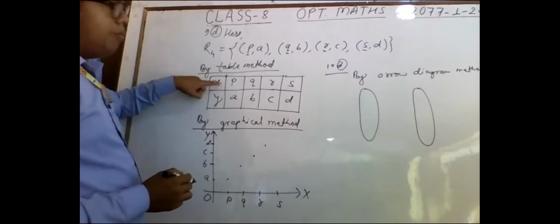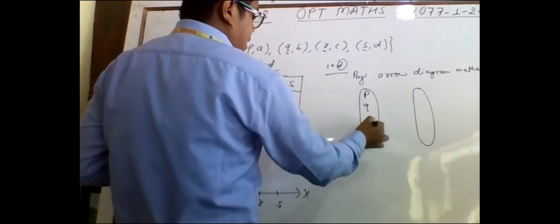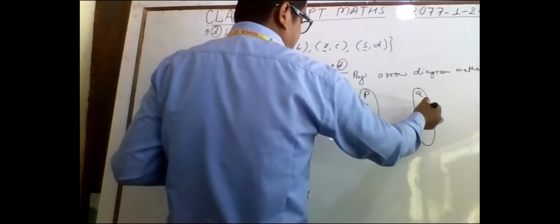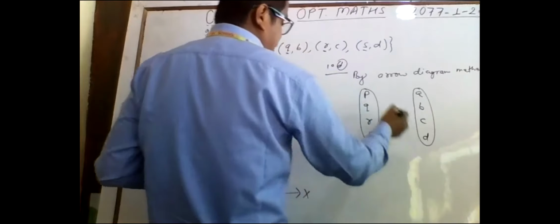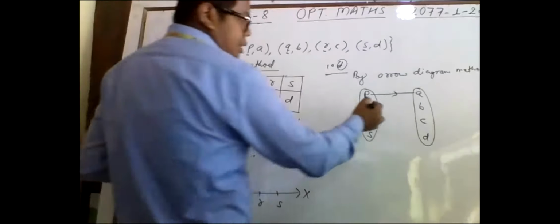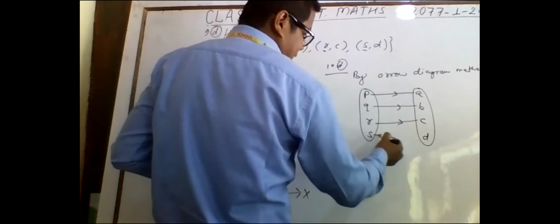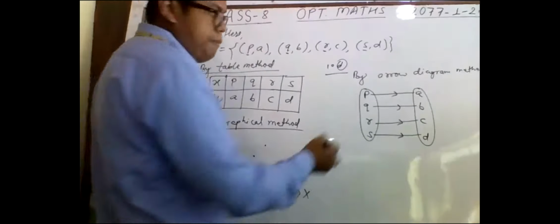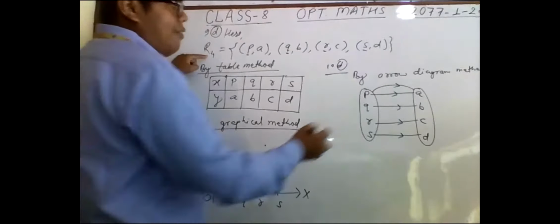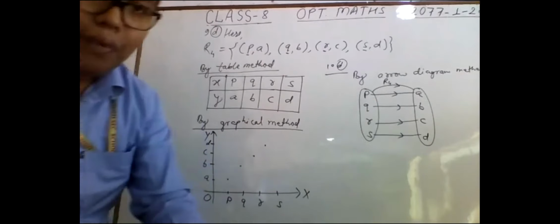So here in the X component, you can say P, Q, R, S. Similarly here, in second, is given A, B, C, and D. So P is associated with A. Similarly, Q is associated with B. R is associated with C and S with D. And a relation, we have to put a relation R, is given R4. So right here R4. This is another way.